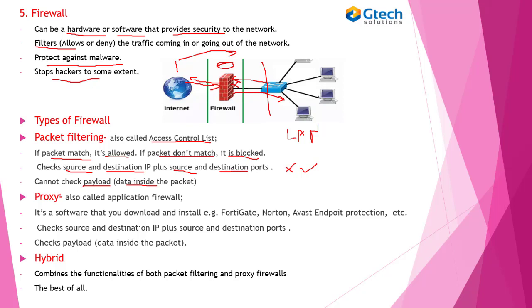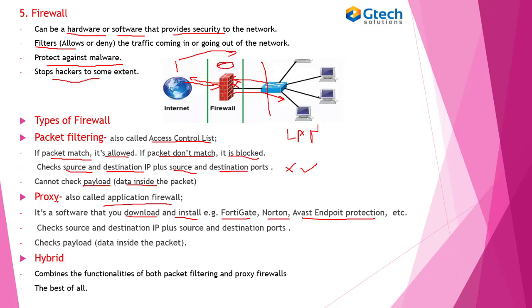Proxy firewall. A proxy firewall is also called an application firewall. An application firewall is a type of firewall that you can download and install in your computers, such as FortiGate. We have Norton, we have Avast endpoint protection, etc. You can go and look at them, download them, and apply in your computer.